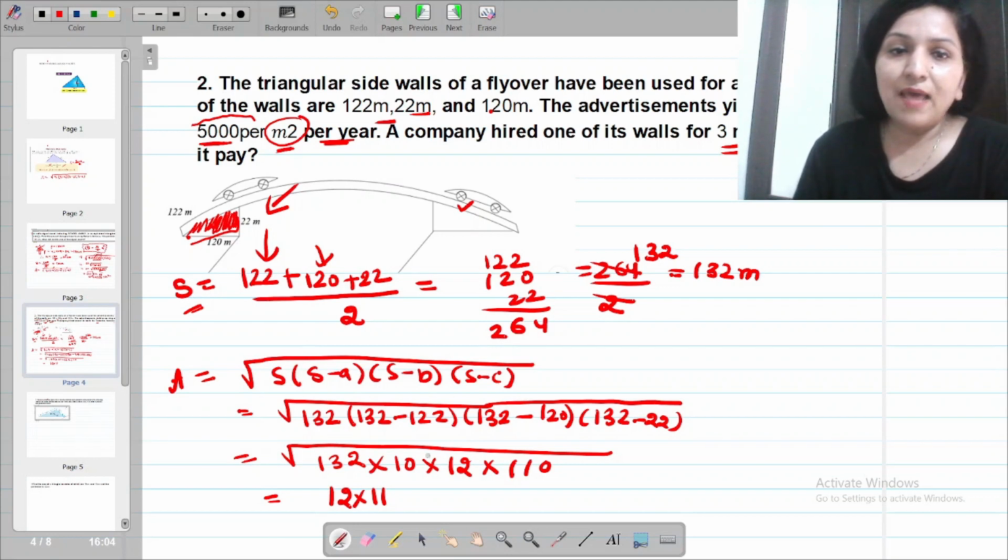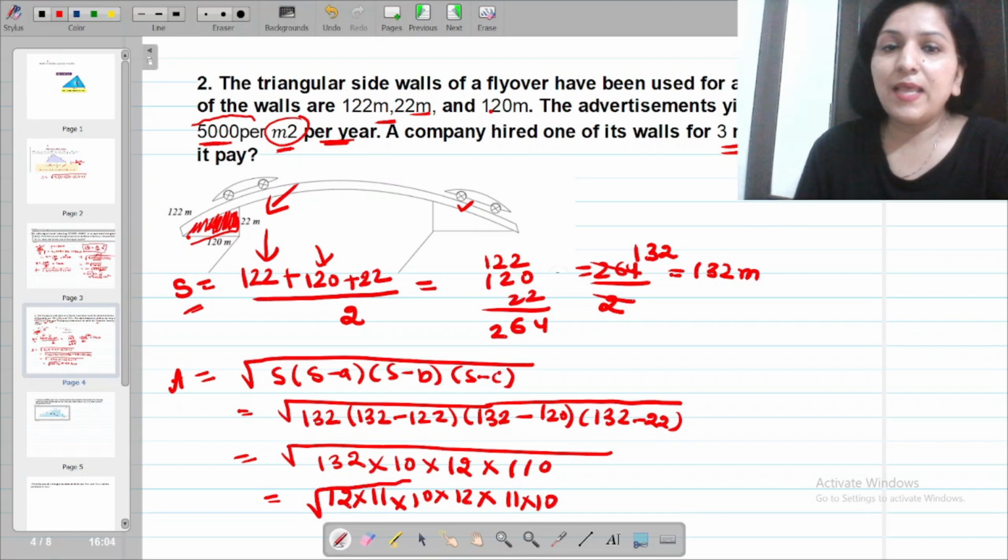After that, we are having a 10 here. Then we are having 12, and 110 can be written as 11 into 10. And all these numbers are there inside the root. Now please have a look. 12 is coming 2 times, we can take 12 out. 11 is coming 2 times, 11 out.